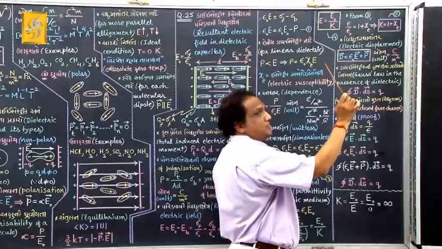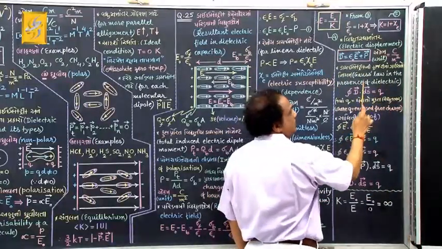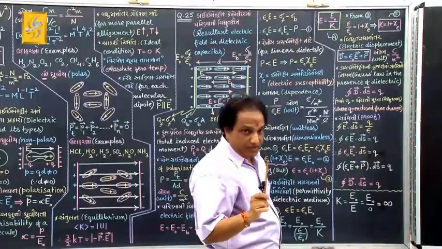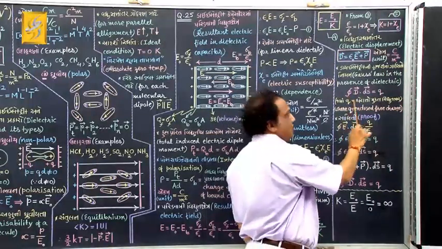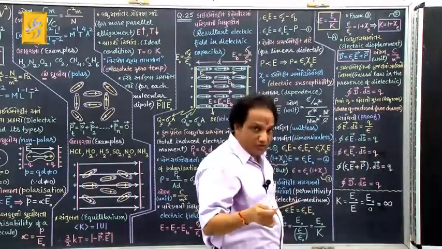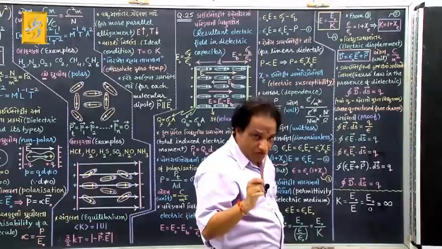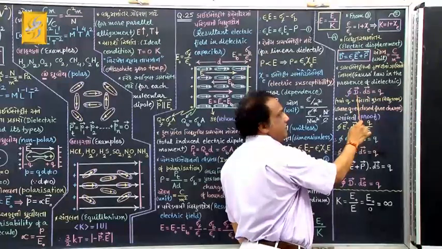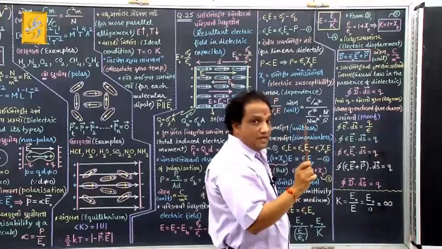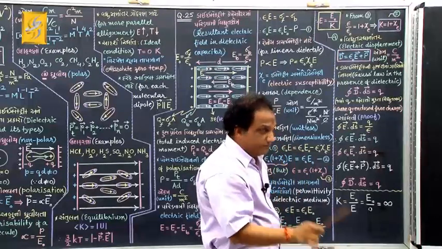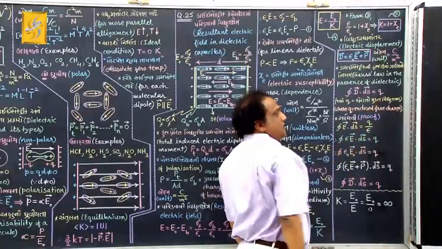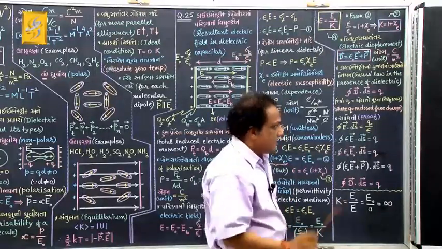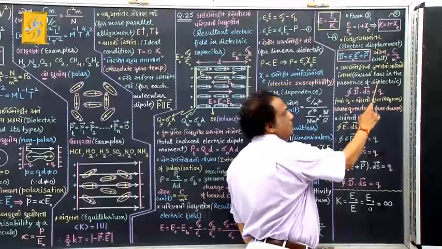Then one very important result: Gauss law in the presence of a dielectric medium. In the textbook, at the end of the chapter, they have written this format of Gauss law to be utilized in a dielectric medium. What is that format? The closed surface integration of electric displacement in a given dielectric medium is equal to the free charge enclosed by that closed surface. I repeat, what is Gauss law for a dielectric medium?